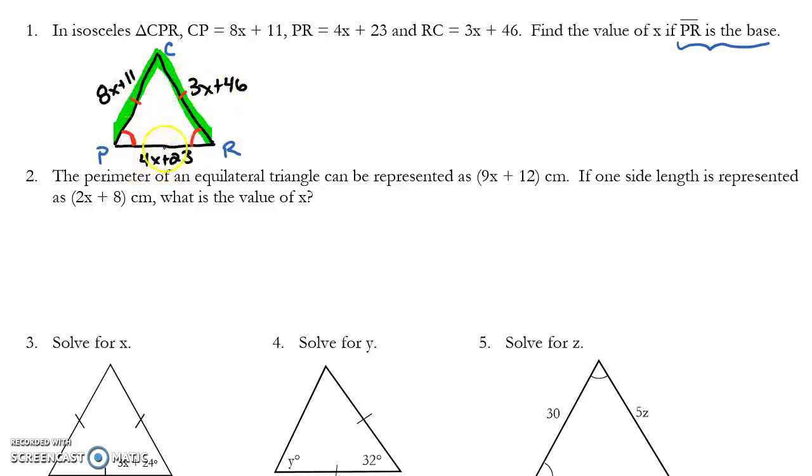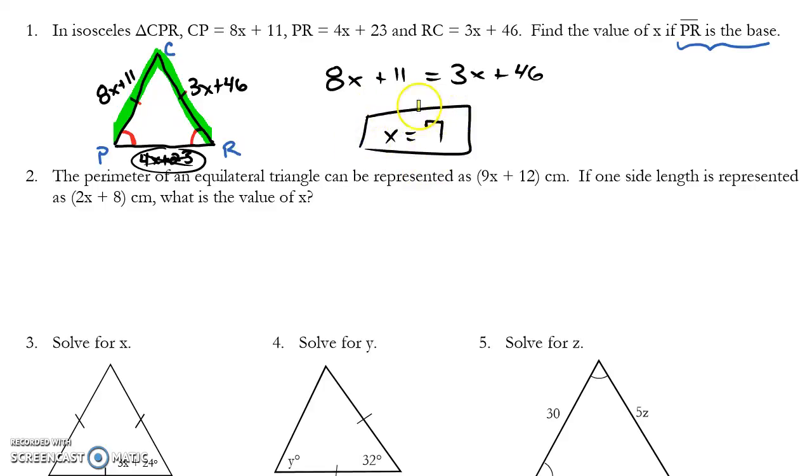That means this 4x plus 23 is just extra information. And in order to find x, I just set 8x plus 11 equal to 3x plus 46. And then through the magic of algebra, we find that x is equal to 7. This isn't an algebra video, it's a geometry video. The geometry here is to make sure you label your triangle accurately.